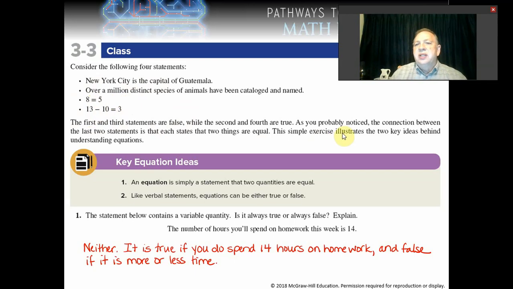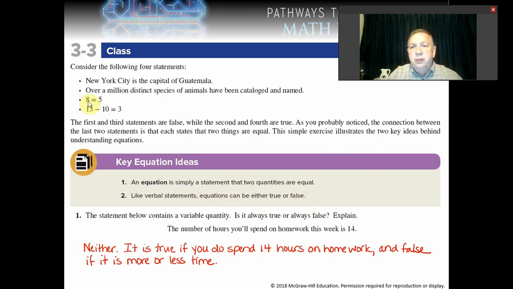This simple exercise illustrated the two key ideas behind understanding equations. An equation is just a simple statement that two quantities are equal. There are two sides to these equations: the stuff on the left is equal to the stuff on the right. Like verbal statements, equations can be either true or false.